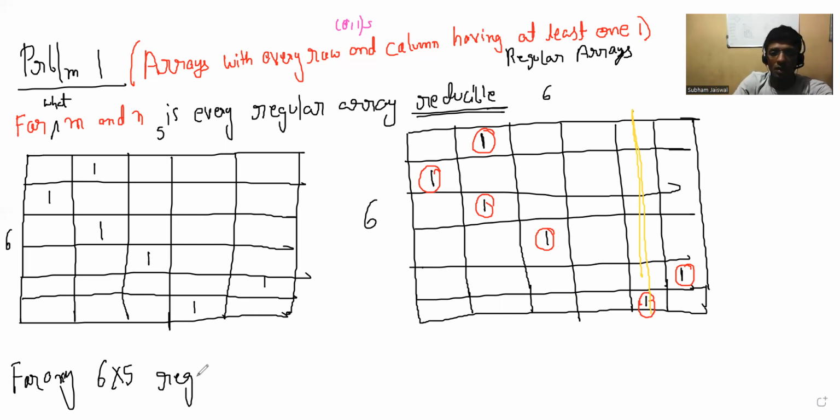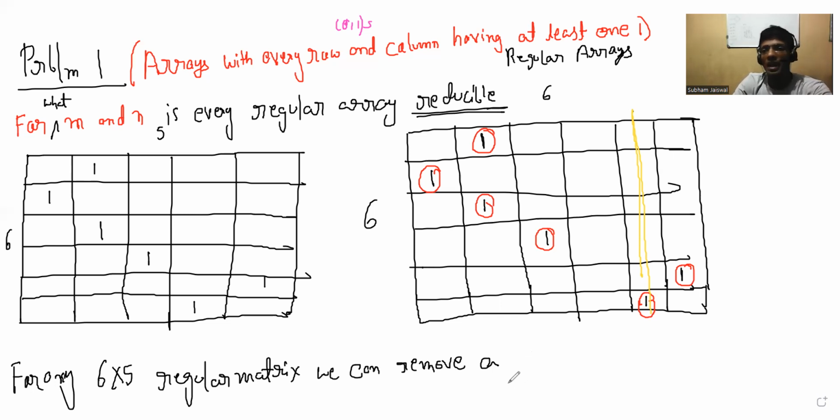So I will not use the word reducible now, regular matrix, because for any 6 by 5 regular matrix, we can remove a column. I'm not saying row.